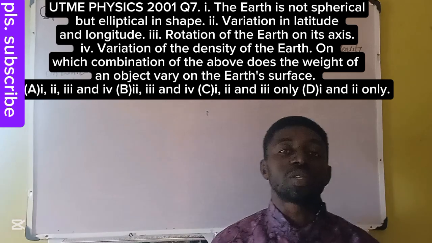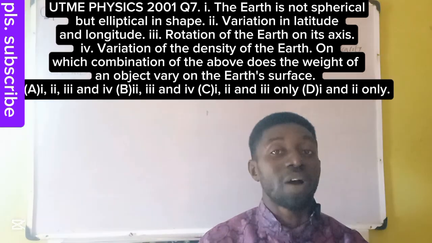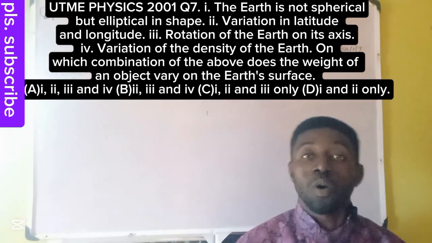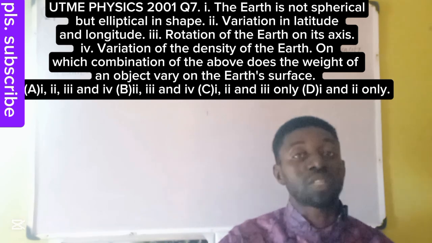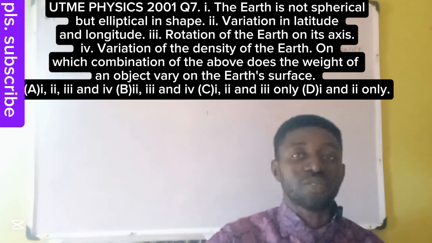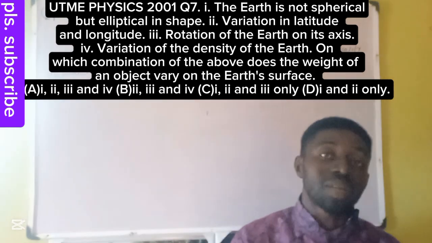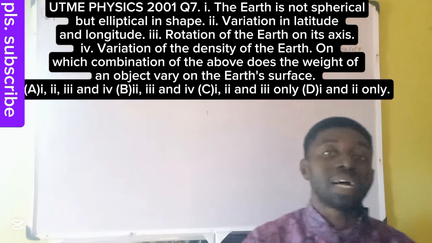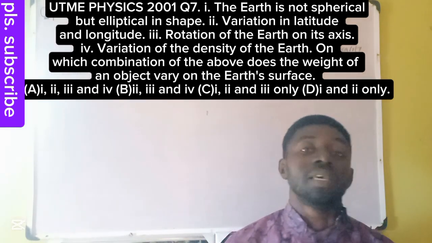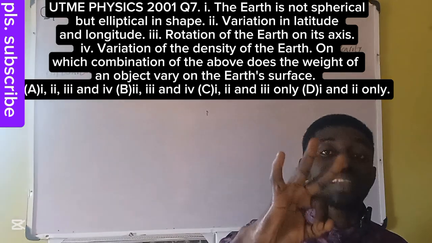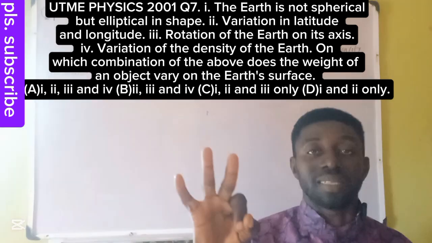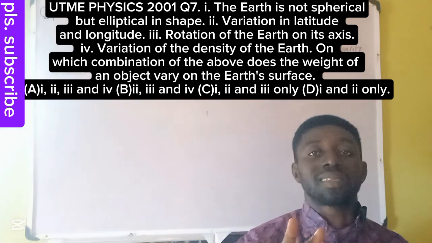Anytime we discuss the weight of an object, we're also discussing gravity. Whatever will affect weight will also affect gravity, because gravity causes weight. Another way of putting this question is asking what are those factors that affect gravity? There are 3 key factors that affect gravity of all planets or all satellites.